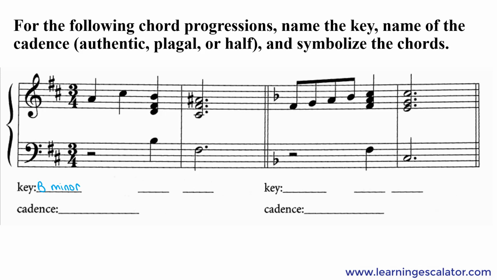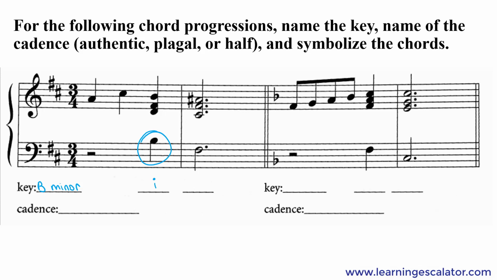So then this is the tonic because there's a B over here, and then there's the B triad in the treble clef. And it's a lowercase i because it's B minor, not B major.